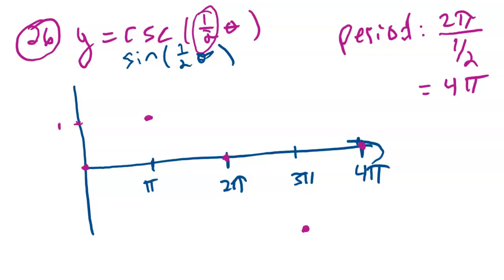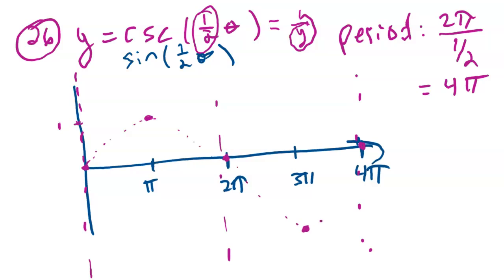And then cosecant is really 1 over y, right? So wherever y is 0, or if you want wherever sine is 0, you're going to get a vertical asymptote. So you'll get a vertical asymptote here, and here, and here. Okay, so that's my corresponding sine function. I think this is easier.